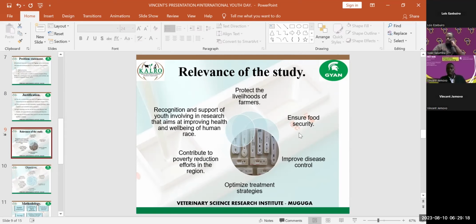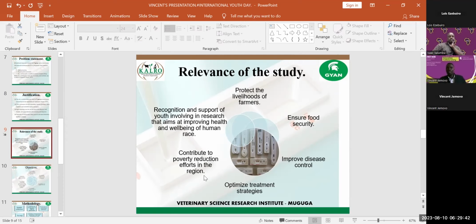Number two, food security. This will assure food security to the whole African population that depends on livestock. Improved disease control, optimized treatment strategies. When the disease is detected as early as possible, the treatment strategies are optimized and hence the health of the animal is catered for. It will contribute to poverty reduction efforts in the region.